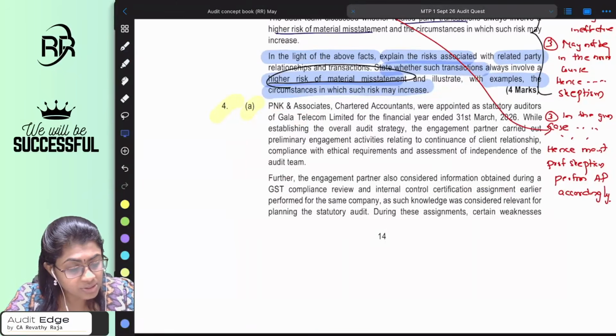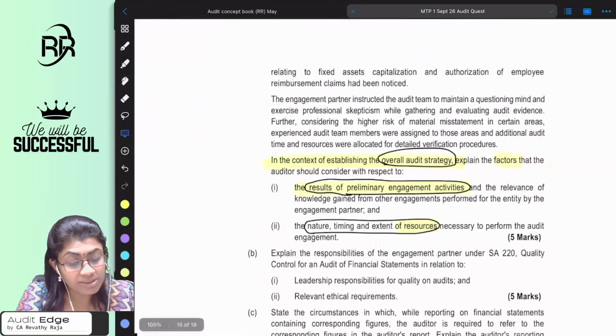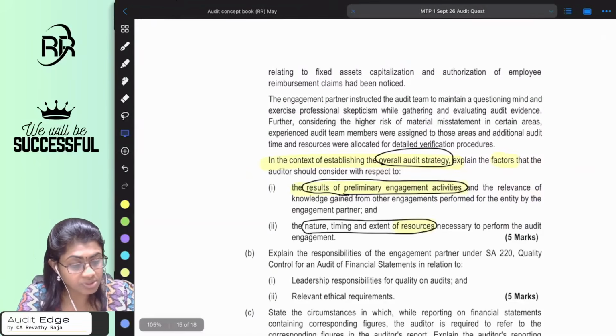While establishing the strategy, the partner carried out the preliminary activities relating to client independence, etc. Further, the partner also considered the information obtained during the GST compliance, internal control, etc. During the assignment, certain weaknesses were noticed relating to fixed assets authorization.